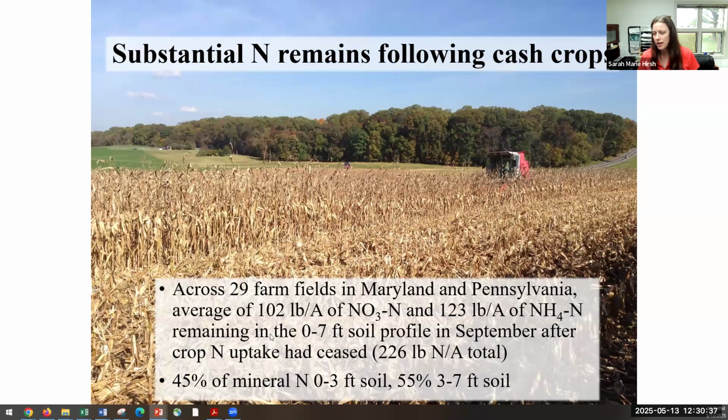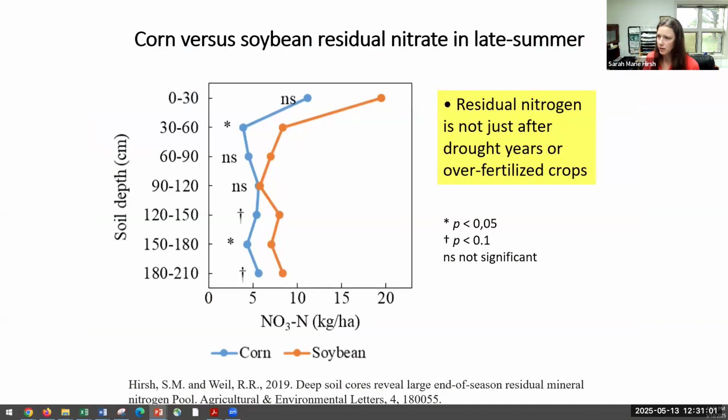On average, and mind you, this is after growing a corn or soybean crop, there was still about 100 pounds per acre of nitrate and another 120 pounds per acre of ammonium in that soil profile. About half of that was in 0 to 3 feet deep, and the other half was in 3 to 7 feet deep.